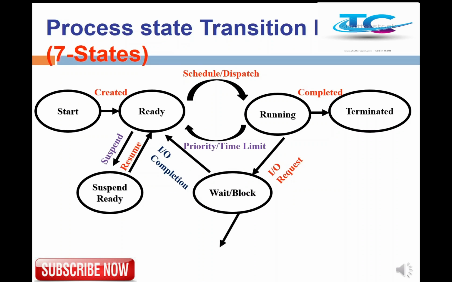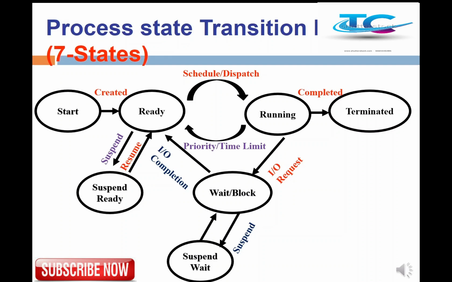There is another state, that is, suspended wait or block. Similar to the suspended ready state, if a process is performing an IO operation and there is no availability of the IO resource, the process can be swapped out of the main memory and placed onto the external storage by the scheduler, and the state is known as the suspended wait or block state.